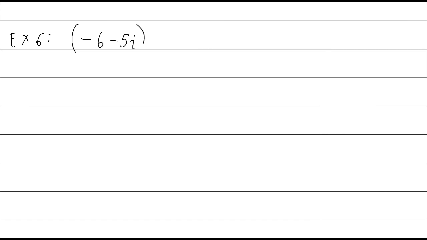Okay, so let's actually do something with this. This is part of a bigger example, so let me write it out. I'm adding together two complex numbers. Negative 6 minus 5i, that's my first one, plus 9 plus 2i, that's my second one. This looks a whole lot like adding polynomials. The rules are actually the same. So how would I add polynomials? Well, I'd first drop the parentheses because they're unnecessary.